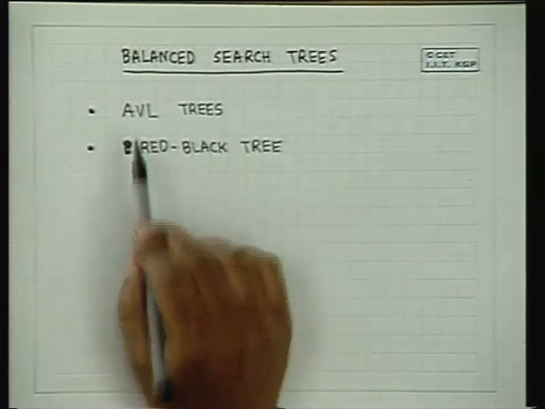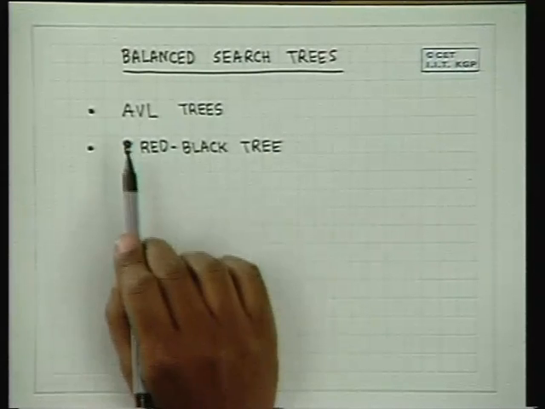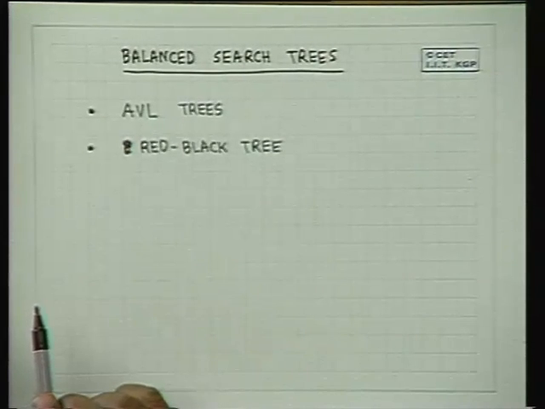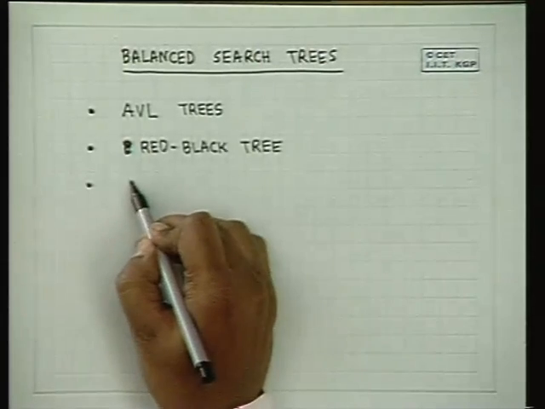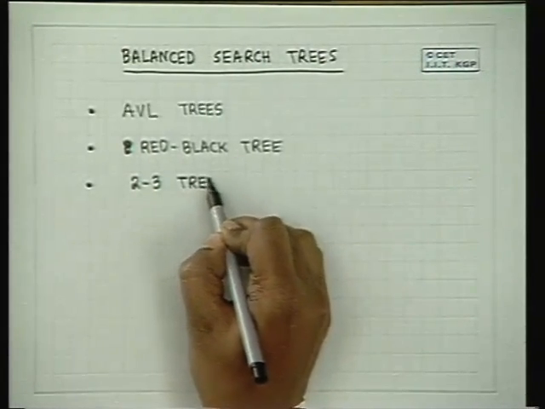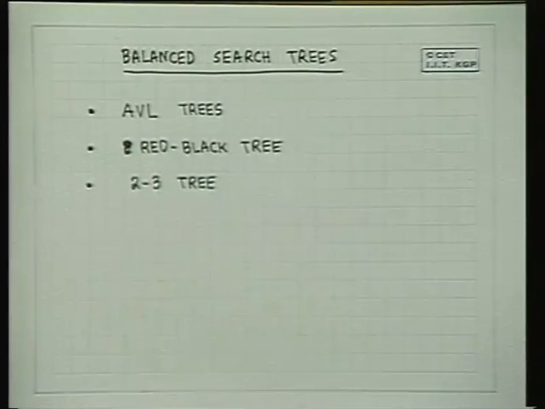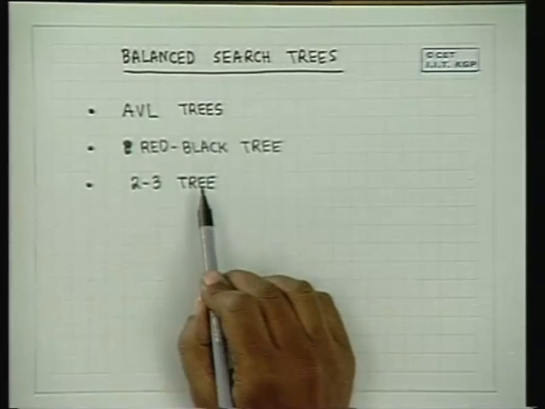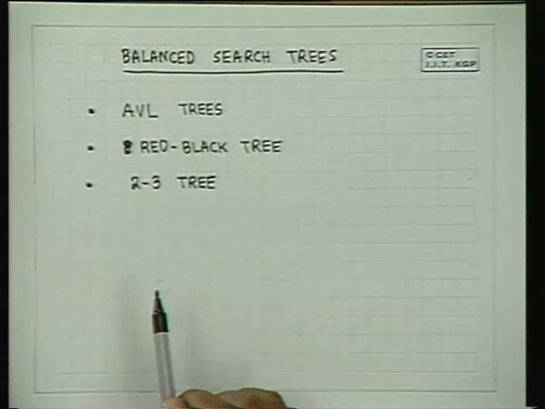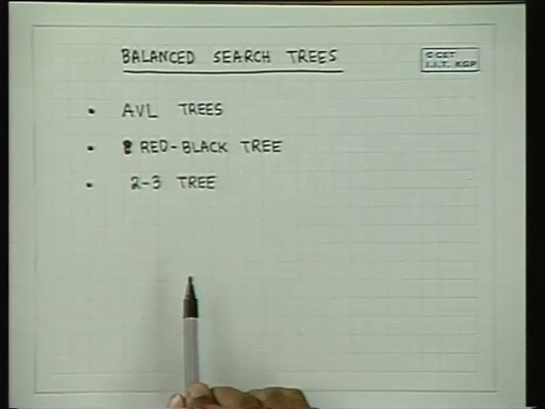And there are other balanced search trees which are not binary trees. Among them, the most famous is the 2-3 tree. So these are some names. We must now understand what they are actually supposed to do.